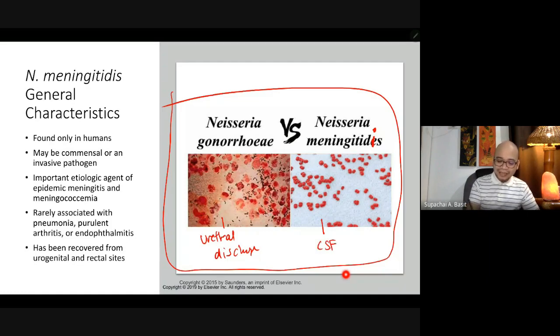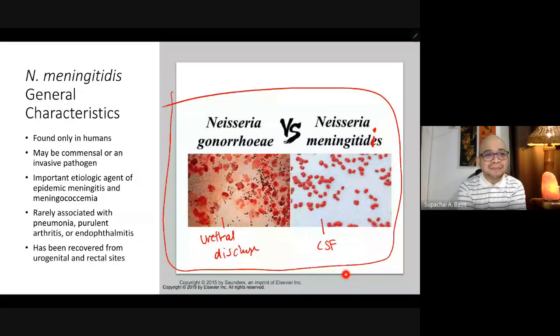So as you can see, urethral discharge would have more neutrophils as compared to the one isolated from the CSF. So Neisseria meningitidis is found only in humans. Take note that Neisseria meningitidis could either be commensal or invasive.